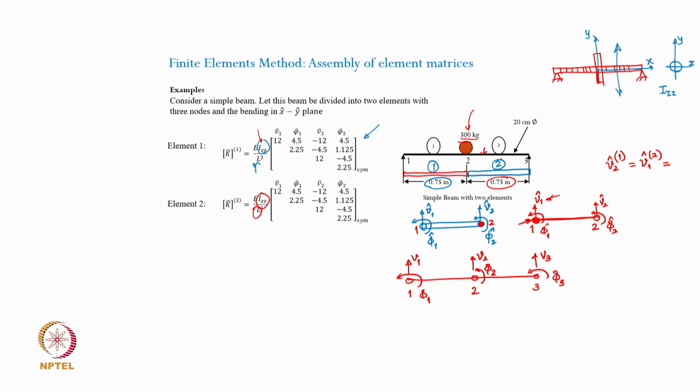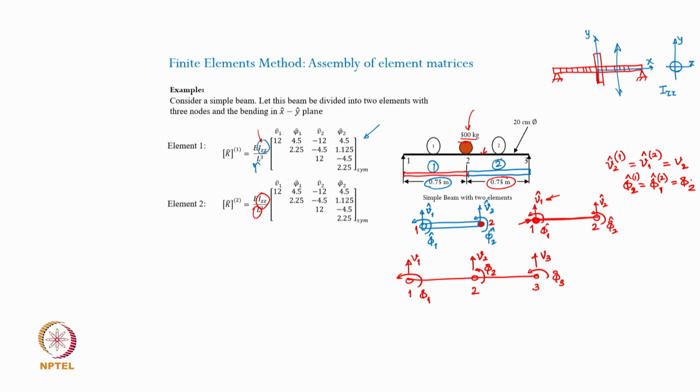So, it is quite obvious that this has to be v 2, that is the lateral displacement in the vertical plane v 2, right. And of course, it also means that phi 2 cap for the first element will be same as phi 1 cap for the second element, and that should be phi 2.